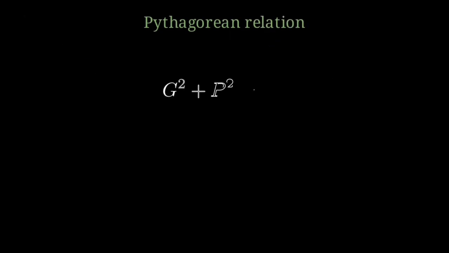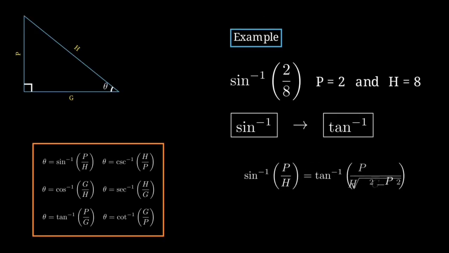To find G, we use the Pythagorean theorem. G equals square root of H squared minus P squared. Now substitute the values, P is 2 and H is 8. H is 8, so H squared is 64.